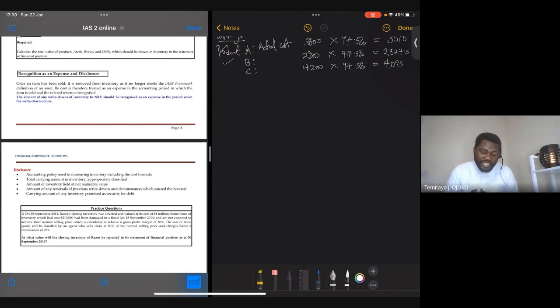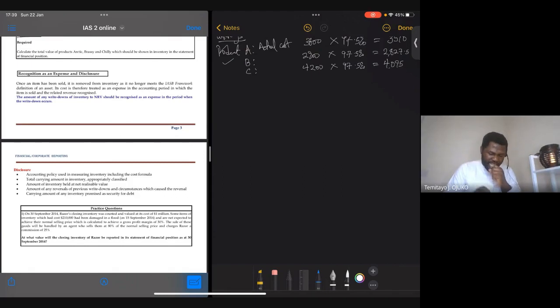Because why is it even removed from the inventory from asset is because it no longer meets the definition of an asset. It is therefore treated as an expense in the accounting period in which it is sold and related revenue recognized. Don't forget, all these things we've learned in the conceptual framework. Matching concepts, when you match the cost and the revenue in the same period.